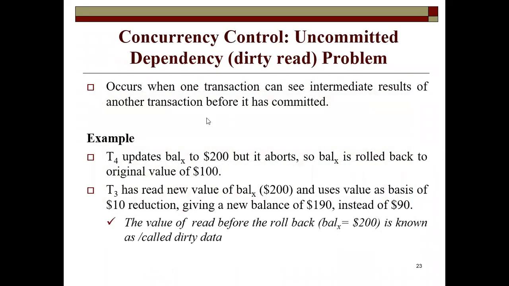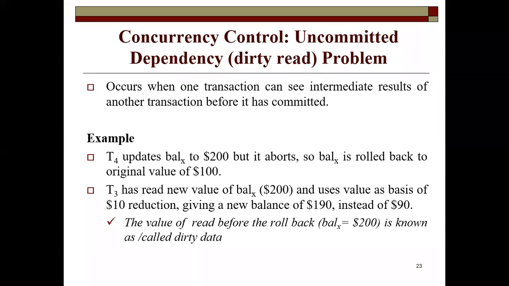And examine the second problem. The second possible problem is an uncommitted dependency. A dirty read is another word for this problem. It occurs when one transaction is able to see the intermediate results of another transaction before it has committed.